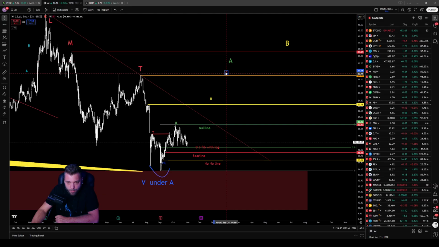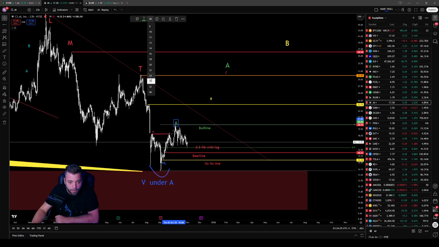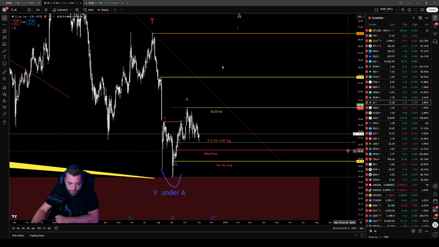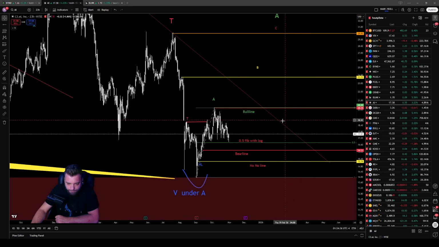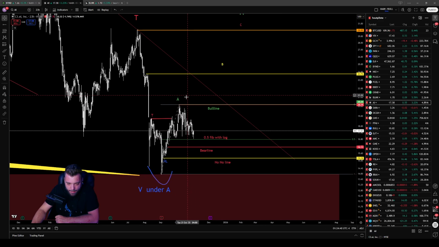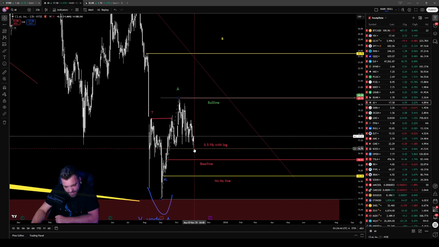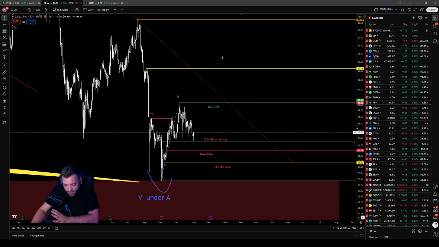And we are still looking for our big A. So the only question is, this is the micro A. We nearly touched the fib. I think that could be enough.